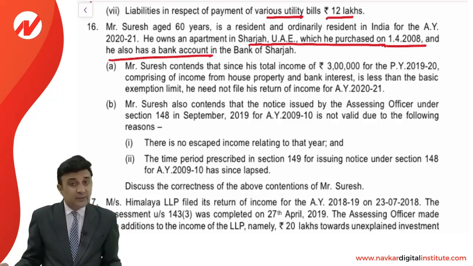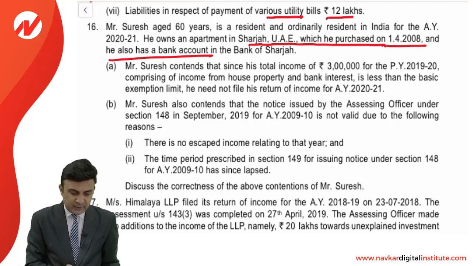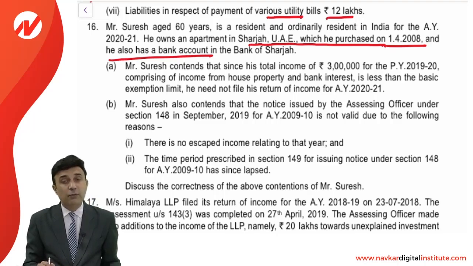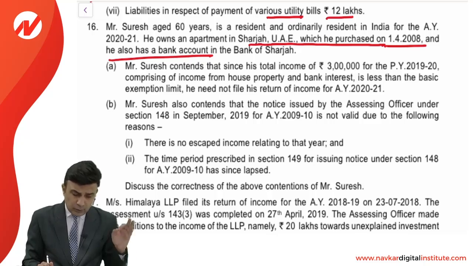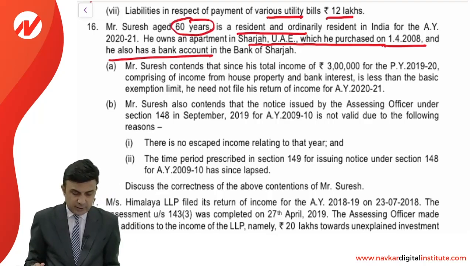Suresh contends that since the income of 3 lakh for the year 19-20, comprising income from house property and bank interest, is less than the basic exemption limit, he did not file his return of income. Number one. Number two, friends, he is 60 years old, a resident and ordinarily resident.